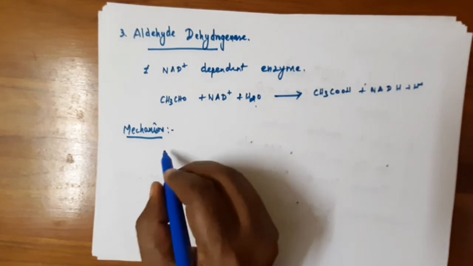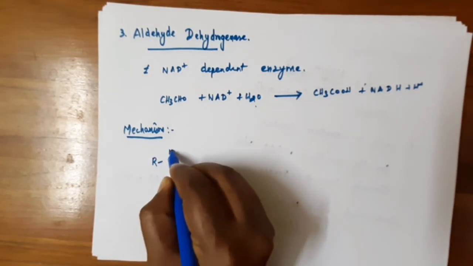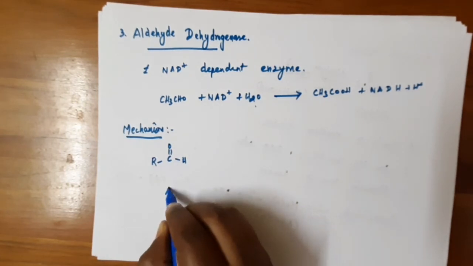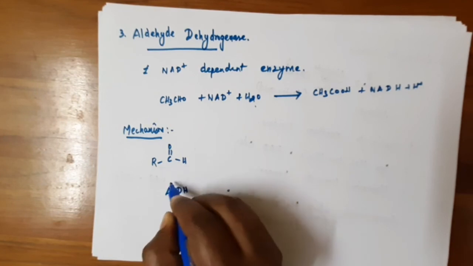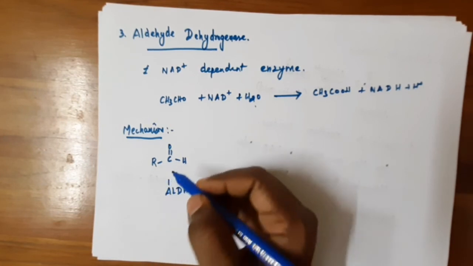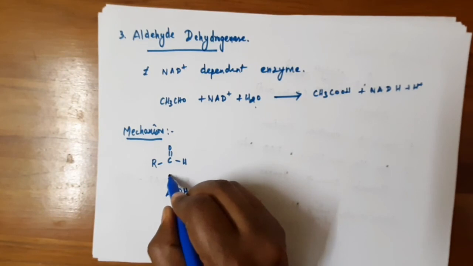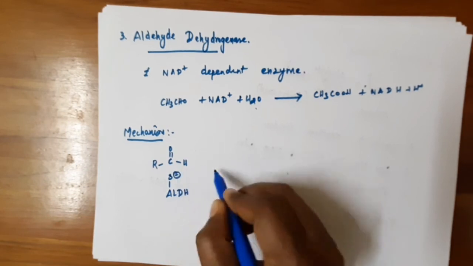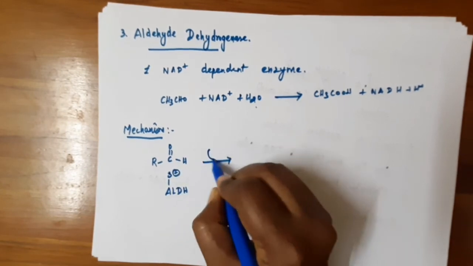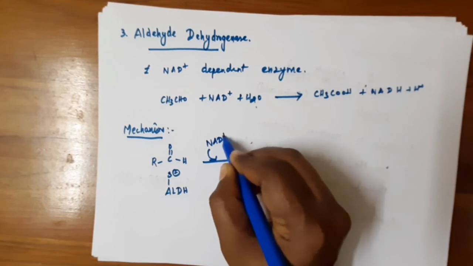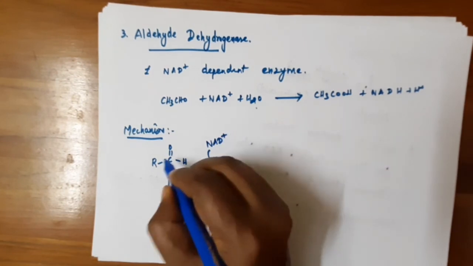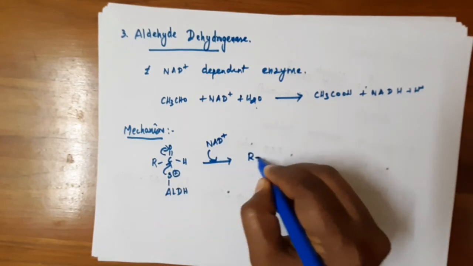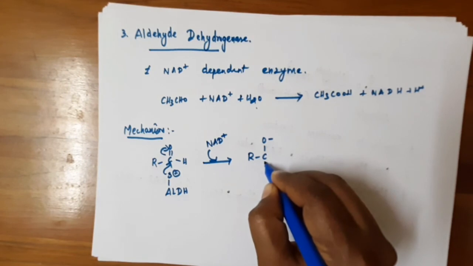Okay. First, in the aldehyde dehydrogenase enzyme, the sulfur from the cysteine group, with NAD plus, acts as a catalyst which facilitates the reaction.